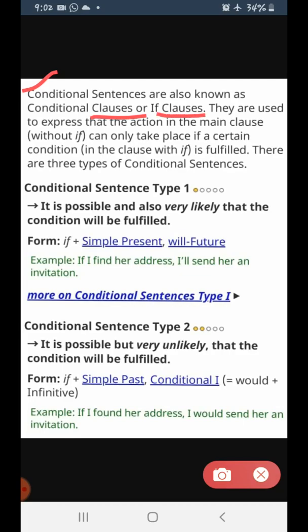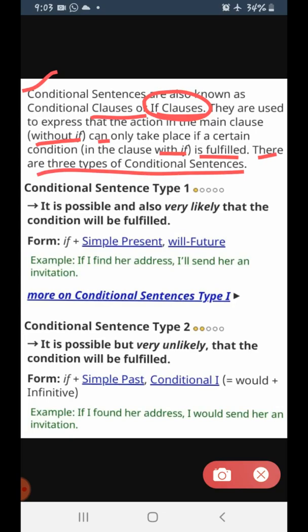They are used to express that the action in the main clause, that means the clause without if, can only take place if a certain condition, that means the condition in the clause with if, is fulfilled. Clear? So there are three types of conditional sentences.